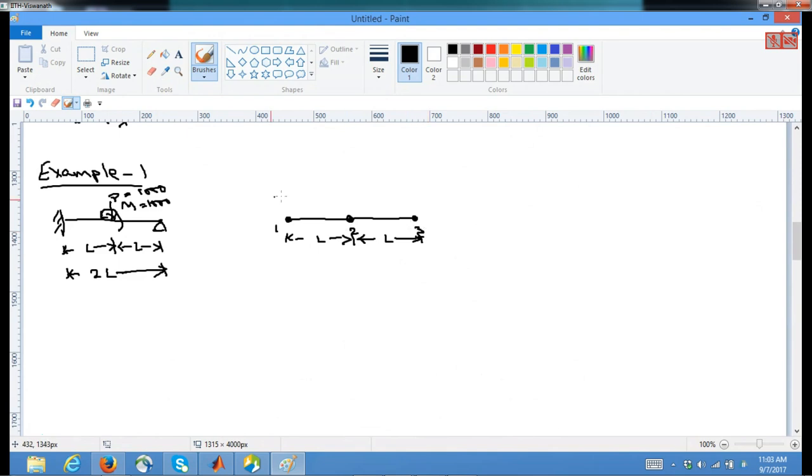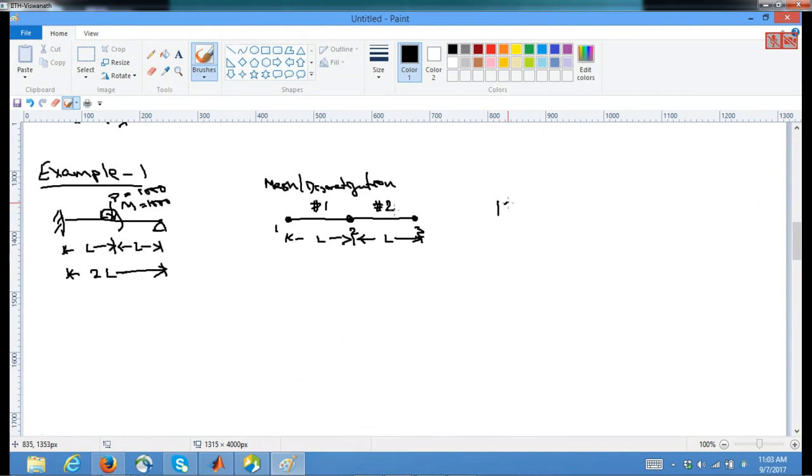This is what you call the mesh or discretization. So this is our element 1 and this is element 2.